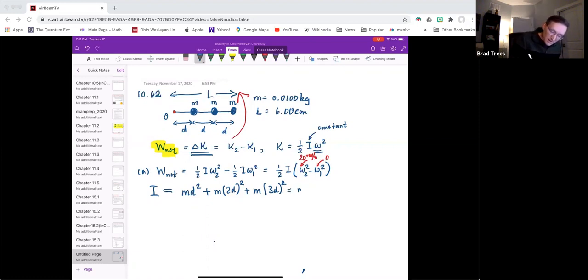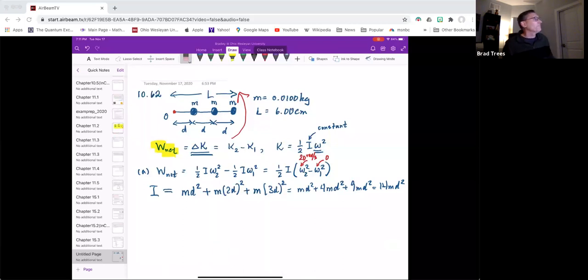That's md squared plus 4md squared plus 9md squared. What is that? 9 and 1 is 10 plus 4 is 14. So 14 md squared. There's the I, the rotational inertia for this object.